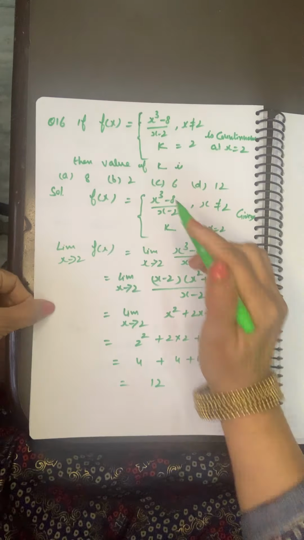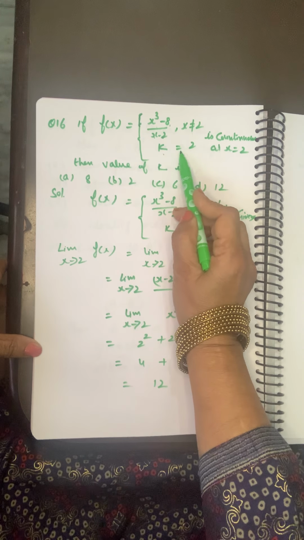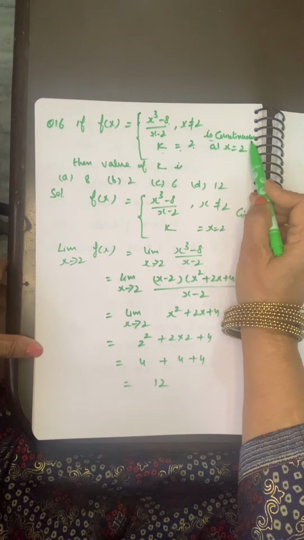If f(x) is equal to x cube minus 8 over x minus 2 where x is not equal to 2, and k at x equal to 2, is continuous at x equal to 2, then find the value of k. Very important question.